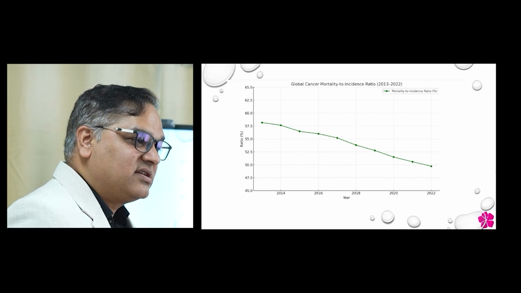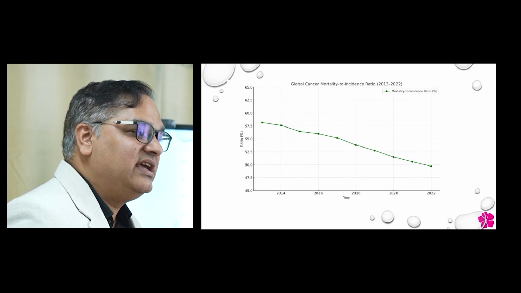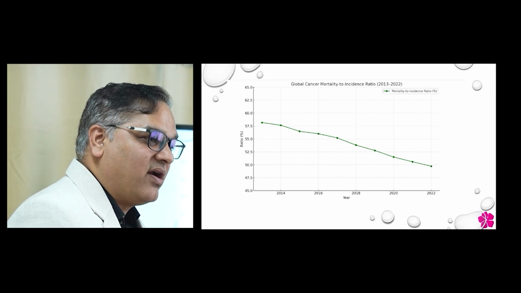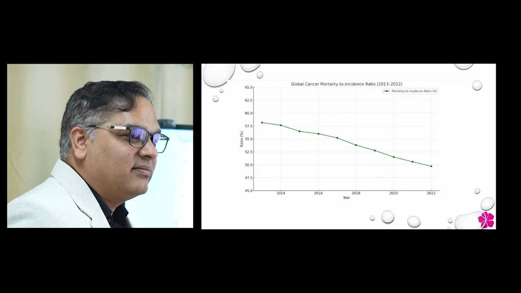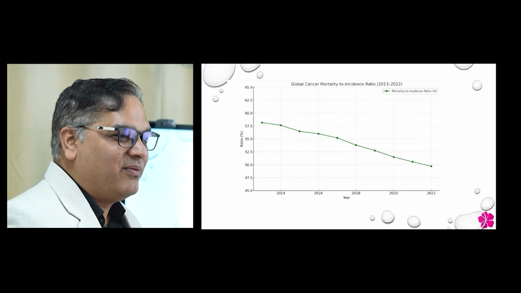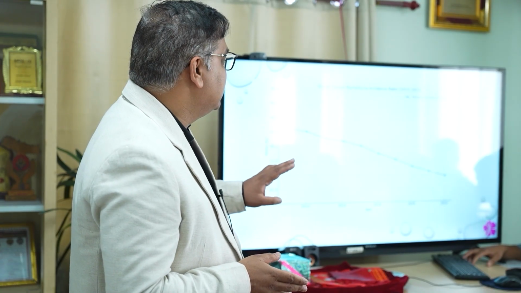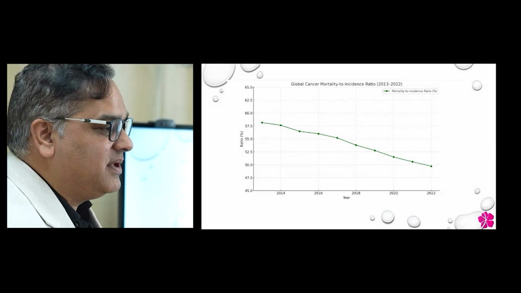So mortality has come down, and it's all due to research, innovation, and all this effort and hard work. So it's working. We all like magic. As children, what we want is magic, someone pulling a pigeon out of a hat, but there is no magic in real life. So we have to do it the hard way, by doing research and innovation, and it's actually working, because in the last 10 years, the cancer mortality to incidence ratio has come down from 58 to 50%.